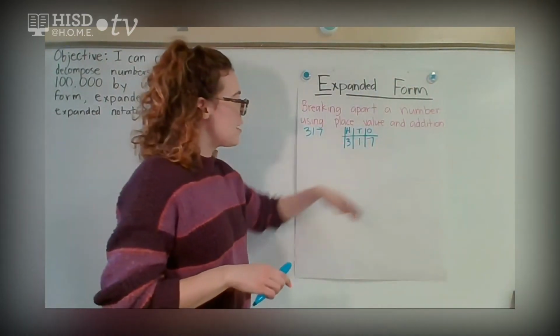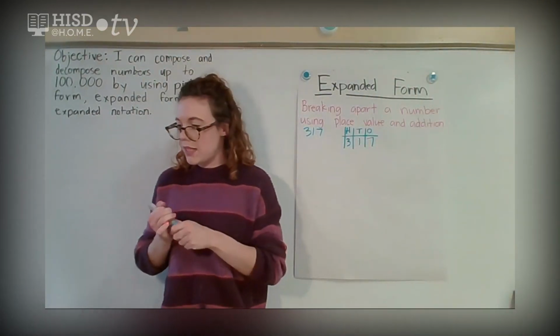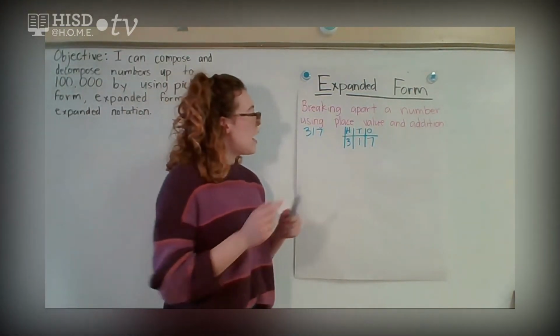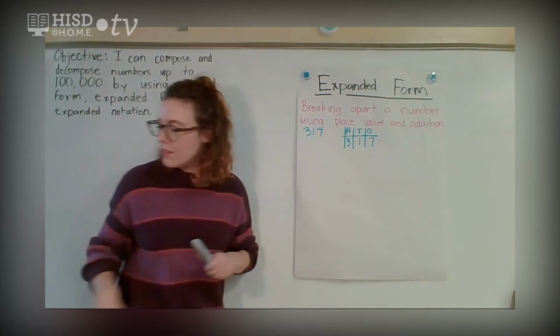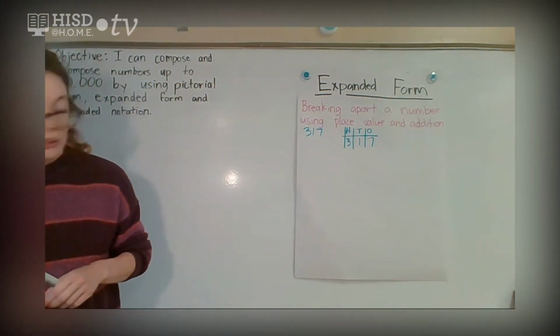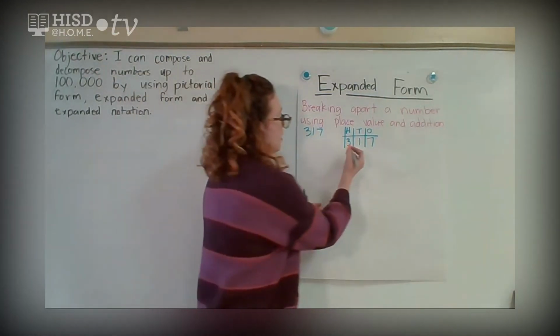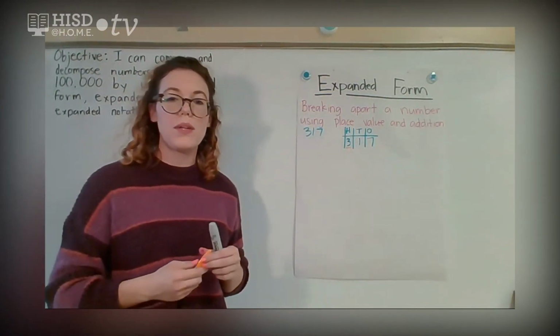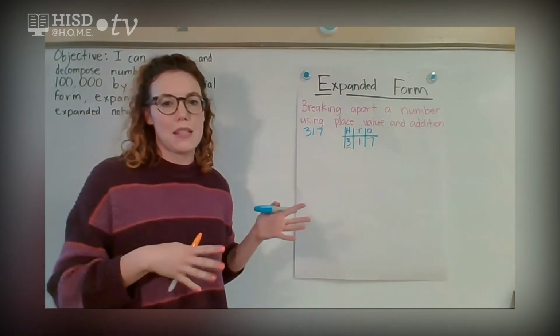So now I'm going to break it apart by its place value. I'm going to look first in the hundreds place. You can start anywhere, but normally, when we do expanded form, we start in the biggest place value.